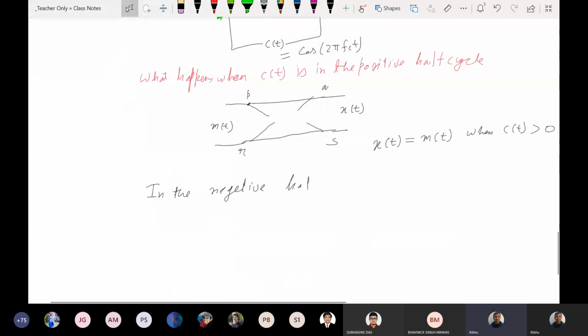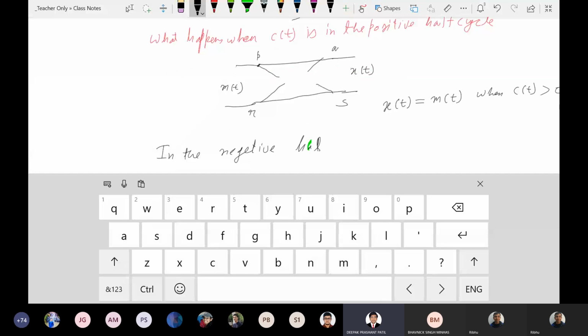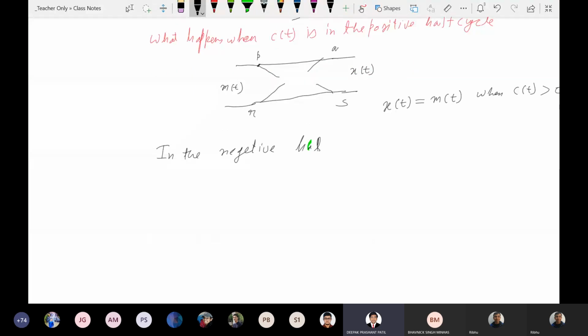So in the negative half cycle. Sir, we have said that x(t) equals m(t), but there would be some DC offset, right? Are we assuming it to be 0? Yes. That's why I'm saying you just get a bird's eye view of these circuits. We are already assuming ideal diodes, ideal filters, and all sorts of idealized things.